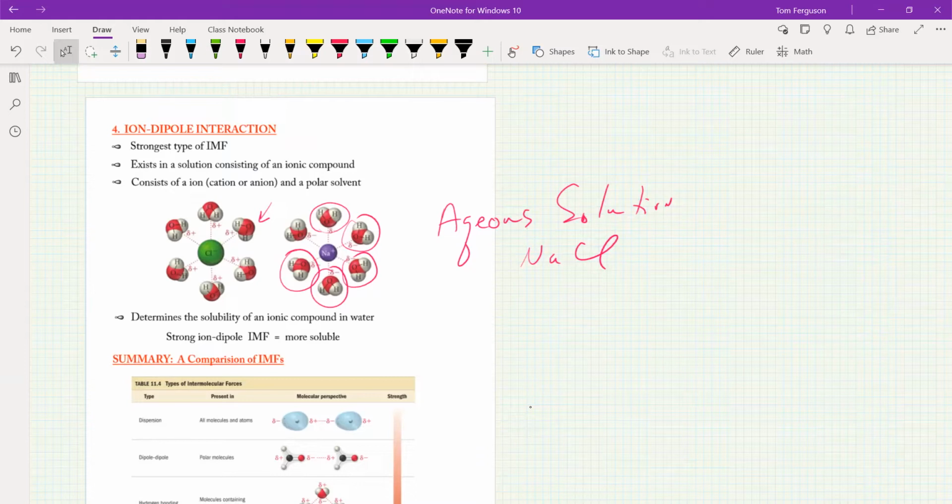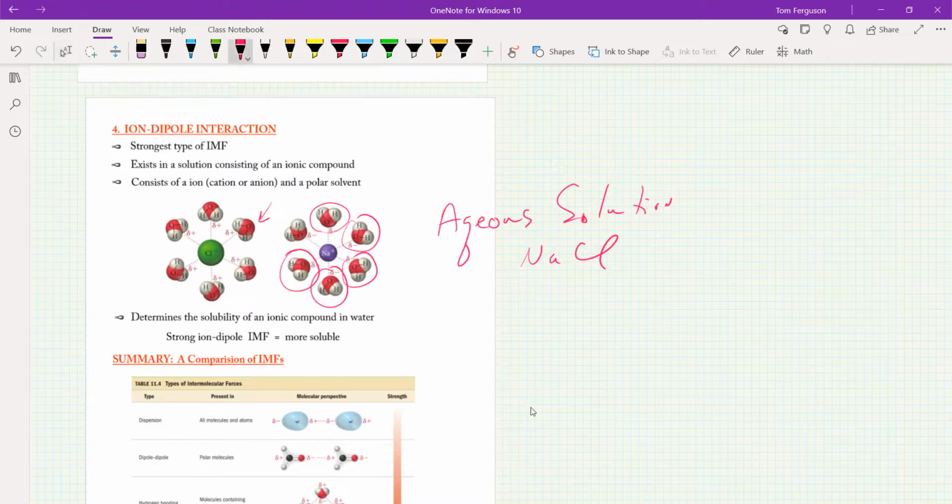And that's why it's the strongest. It's because we have ions involved here. They're not movement or attraction of electrons, they're actually transfer of electrons. It's very, very strong. Now, this is why ionic compounds are so soluble in water, because water is very polar.